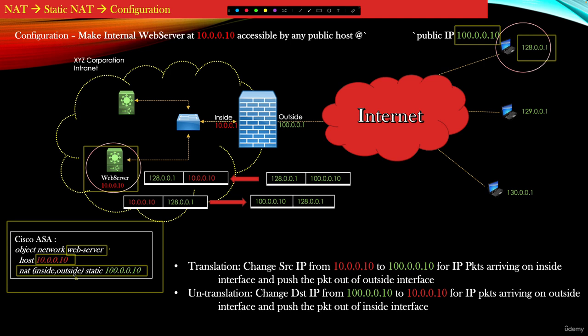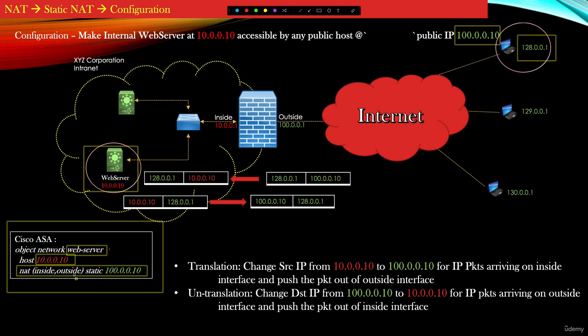Now note that understanding the syntax of the configuration is not important. What is important is that you understand the concept. Because if tomorrow you work on some other device, not an ASA firewall, you can see completely different syntax to configure network address translation. But you should understand the meaning.